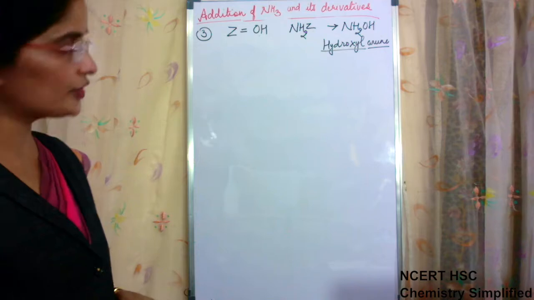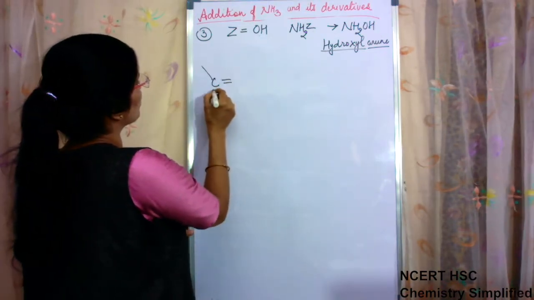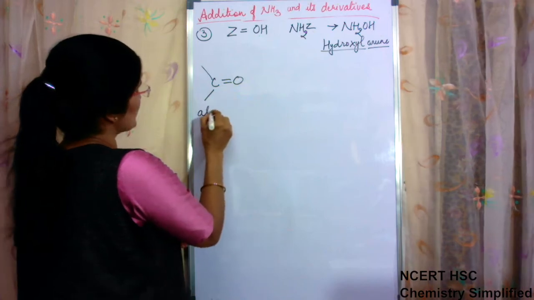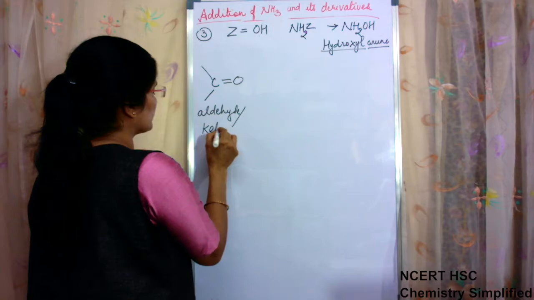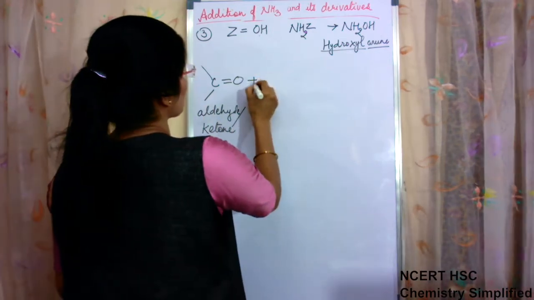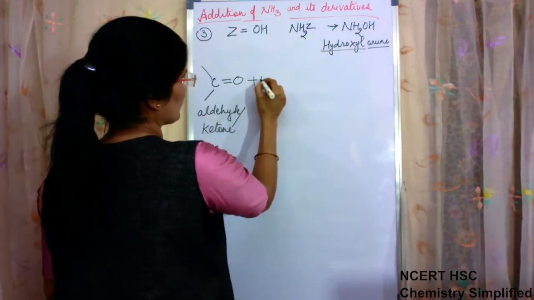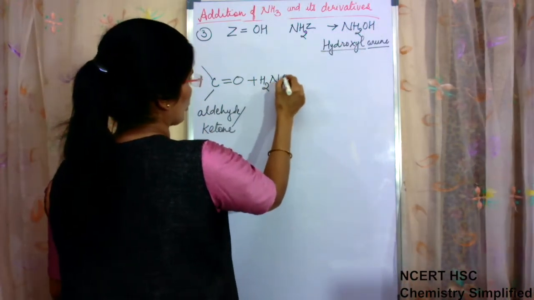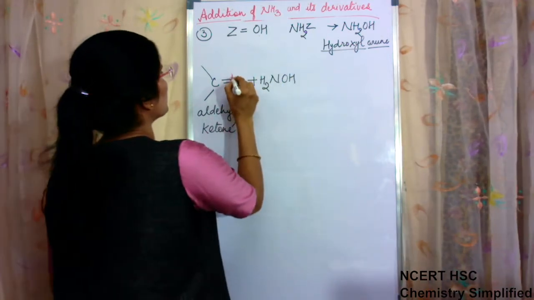Okay, so now this hydroxylamine will react with aldehyde or ketone. Both of them give the same reaction. Plus NH2OH we have to write here. So I will write again H2NOH. The same thing is going to happen.